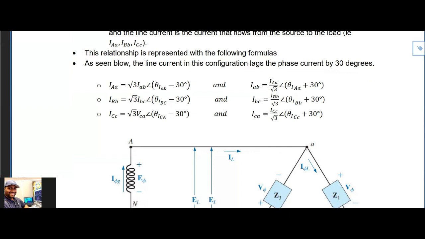So the line current is always going to be more than the phase current by 73%, which is the square root of 3, or you can look at it as 1.73 times the phase current.